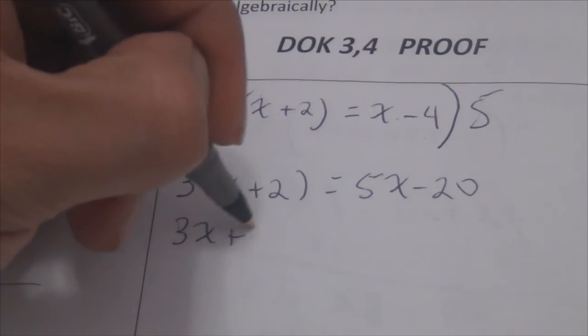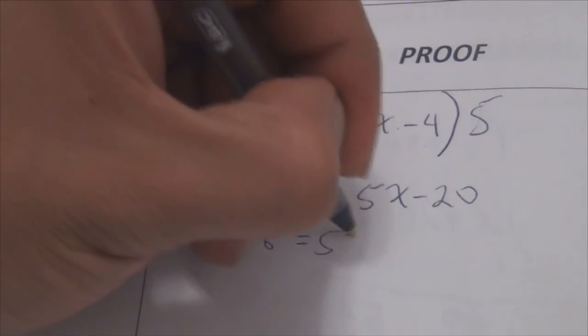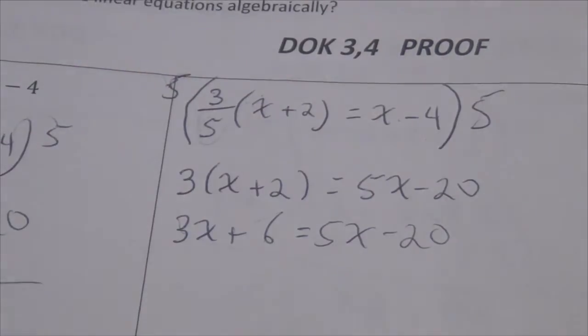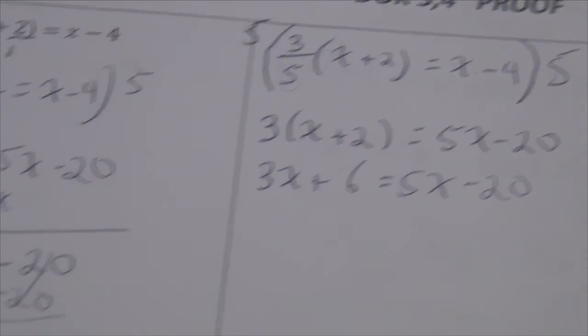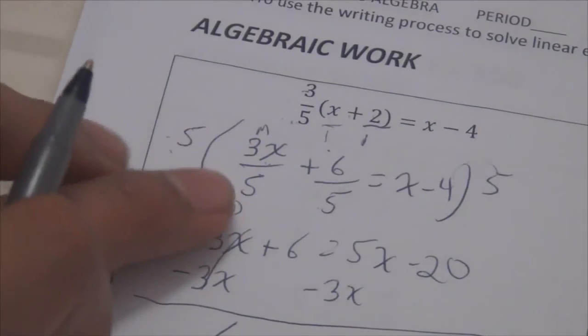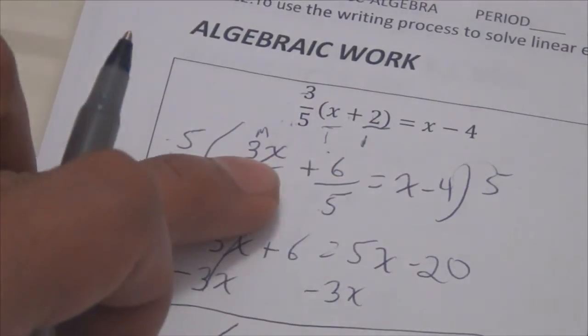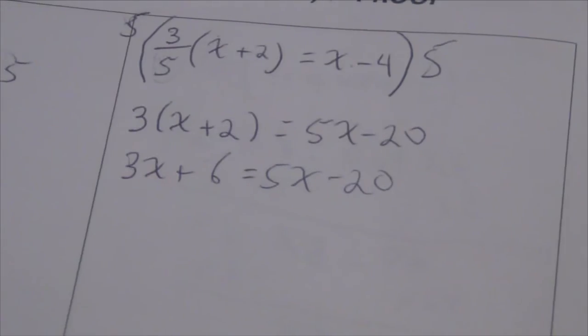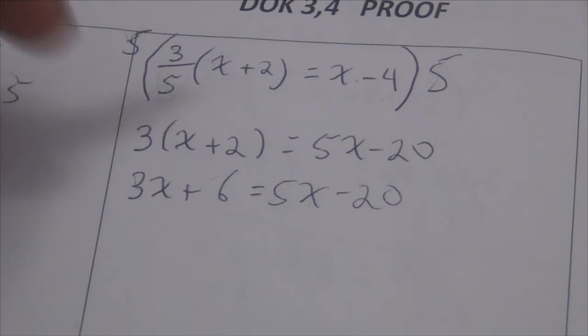Now, if I use the distributive property, guess what, guys? It actually is the same. Wow. So I could have avoided using the distributive property over here and just done the fractions. Interesting.